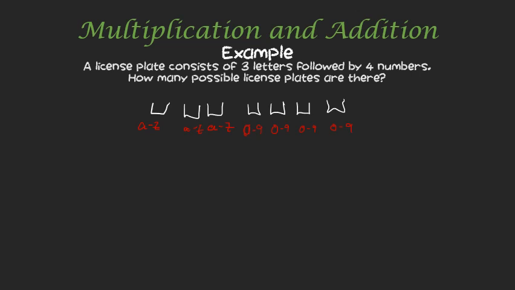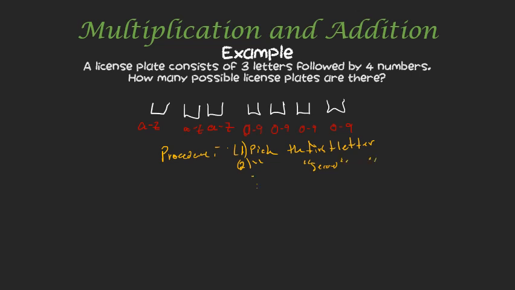And so in this case, a procedure to solve this problem, to know how many ways there are to fill up this license plate, my procedure might be pick the first letter. So that would be step 1. Step 2 would be pick the second letter, and so on.